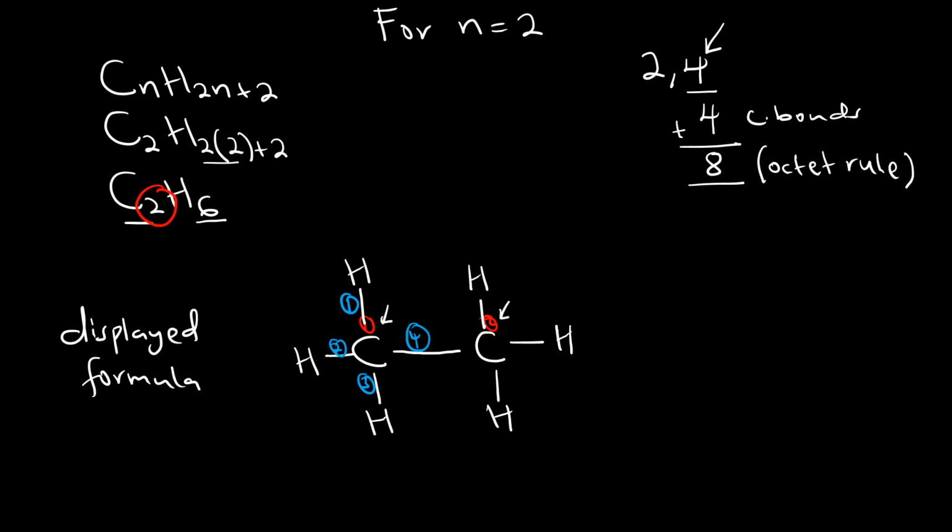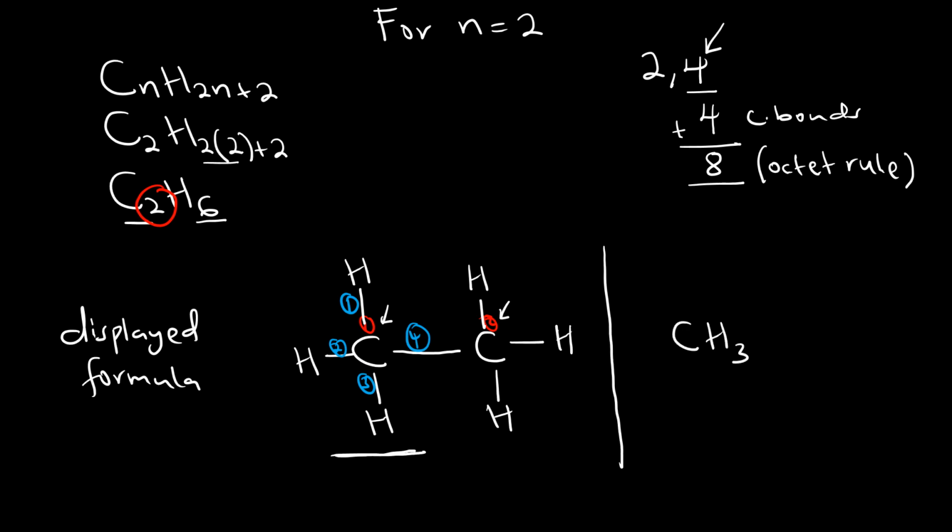However, we can write a condensed displayed or condensed structural formula of the same compound C2H6 as follows, but we shall follow the same principle. Starting from this region, we have 1 carbon atom attached to 3 hydrogen atoms, so we shall write it like this: CH3.